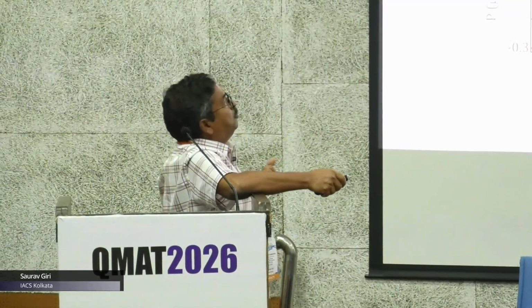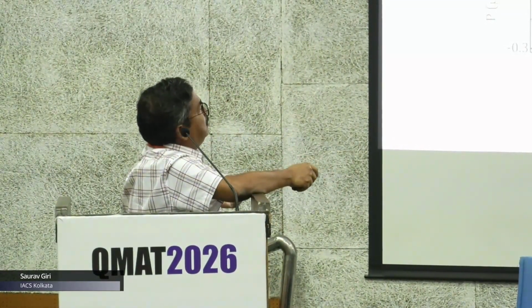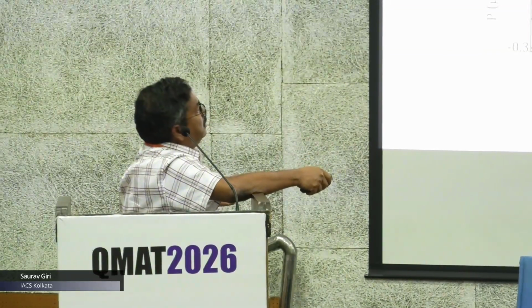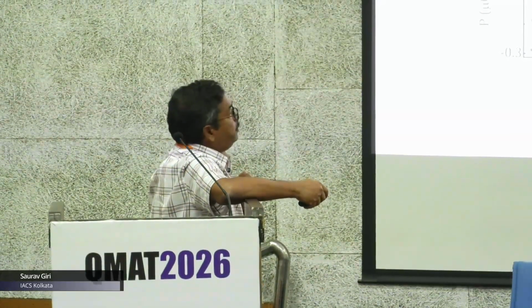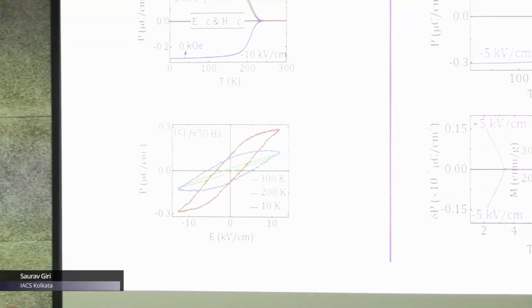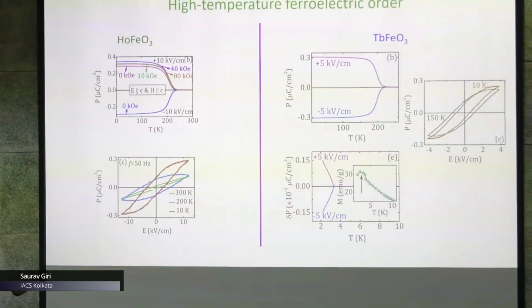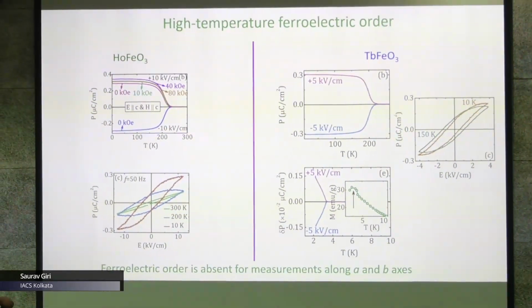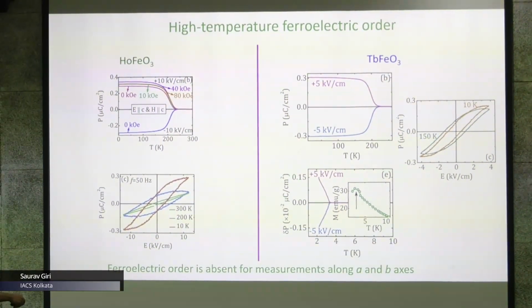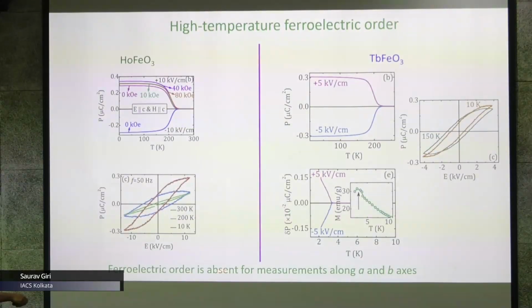But in addition, we observed a ferroelectric order even at quite high temperature. We also performed PE loop measurements, which confirm the ferroelectric order. And we did not observe any polarization along the A and B axes.